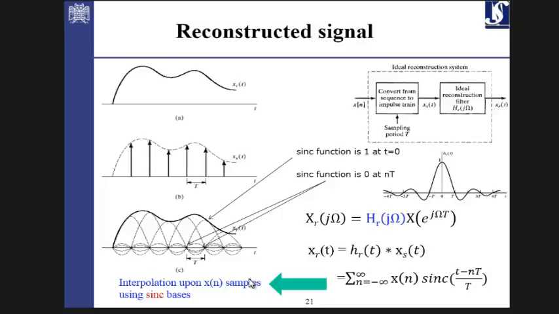So these two types of errors are unavoidable in every A to D and D to A conversion. There's no choice. You have these two errors. And these two errors reduce the SNR gain, the upper bound of the SNR gain that you can get from any DSP process in practice. So here you're just having interpolations or superpositions of sinc functions for every sample to get it back in the time domain.